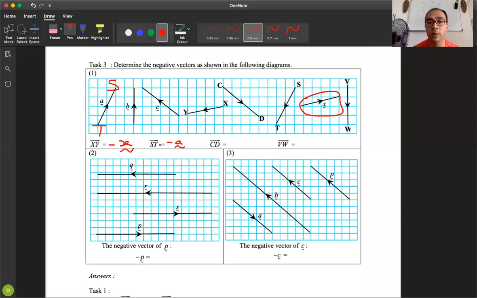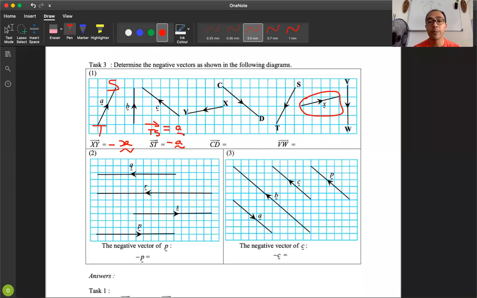What if I write now vector TS? If I write vector TS like this, then I find that it is actually equal to vector A, because it is the equal vector.